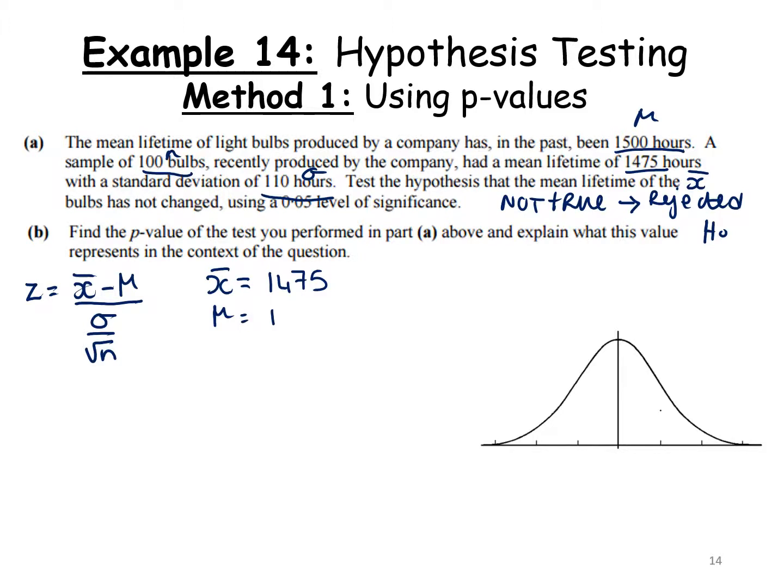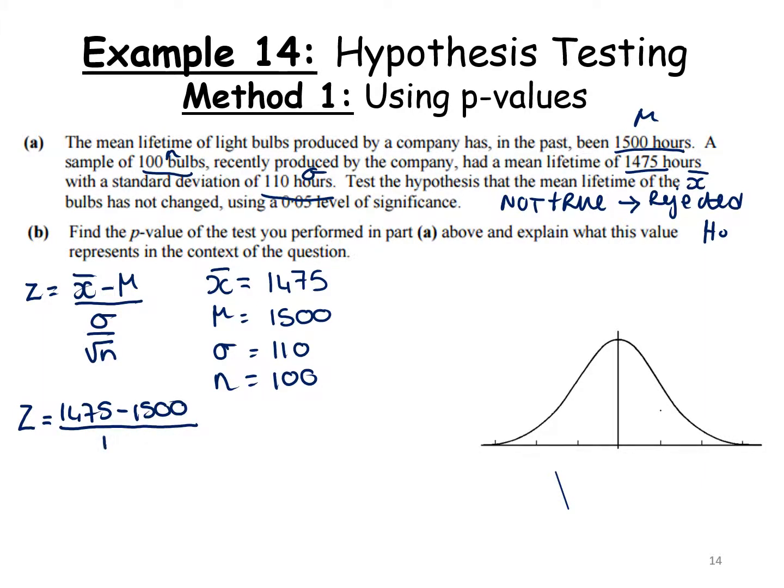Mu is given as 1500, sigma is given as 110, and n is given as 100. So going through my z-score here, 1475 minus 1500 all over 110 over the square root of 100. Working that out, we get minus 2.27.